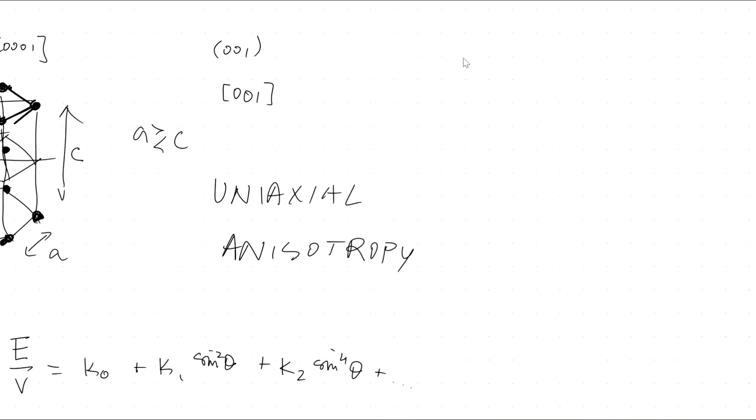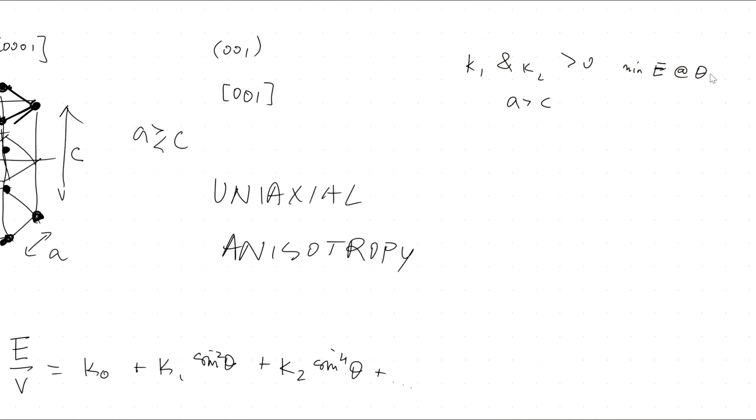If K1 and K2 are greater than 0, and this is the case when A is greater than C, then the minimum energy would be when sine squared theta is at minimum. And this is the case when theta is equal to 0.